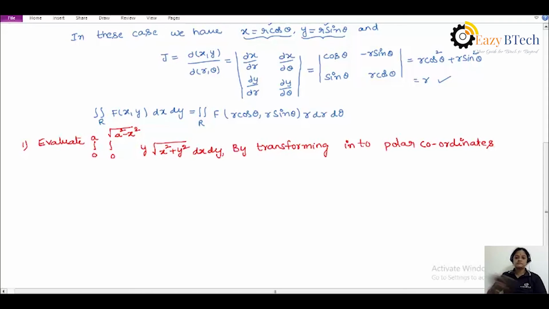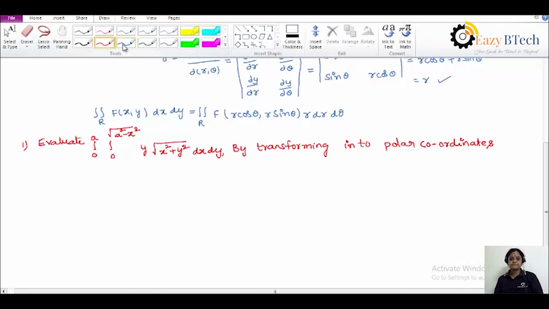Okay students, it is our question, changing into the polar coordinates. Yeah, the solution.